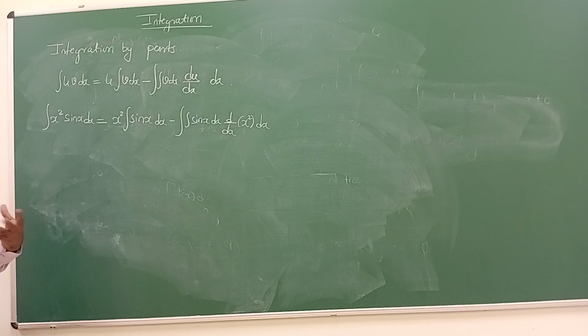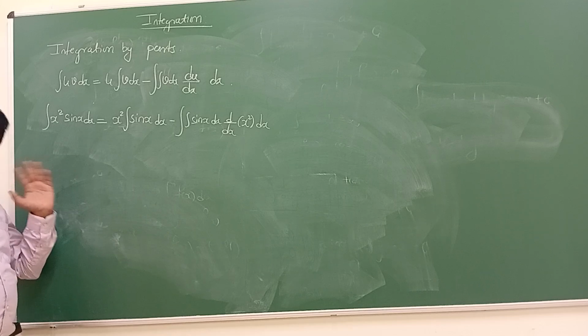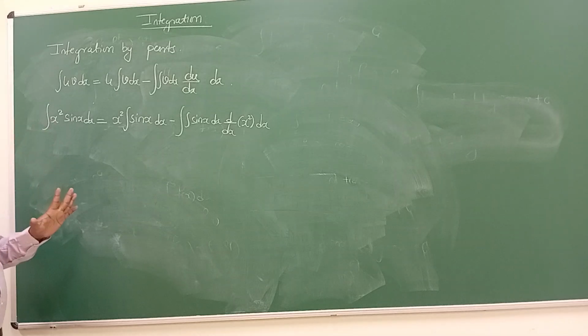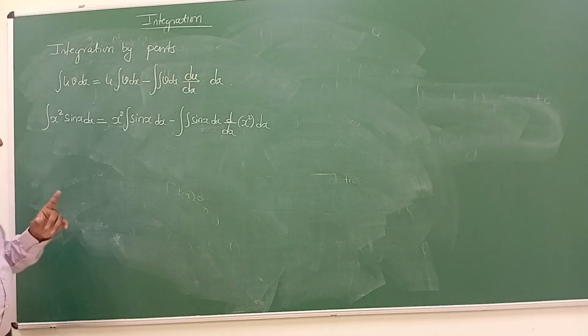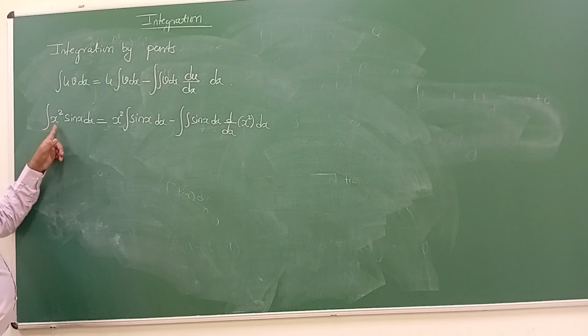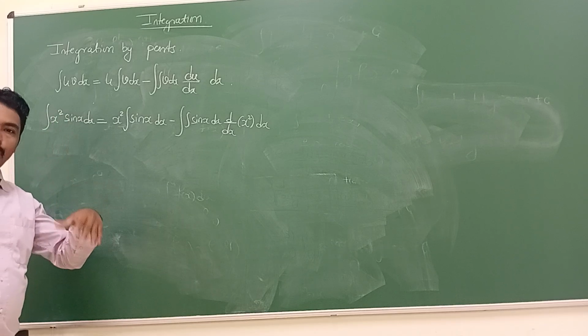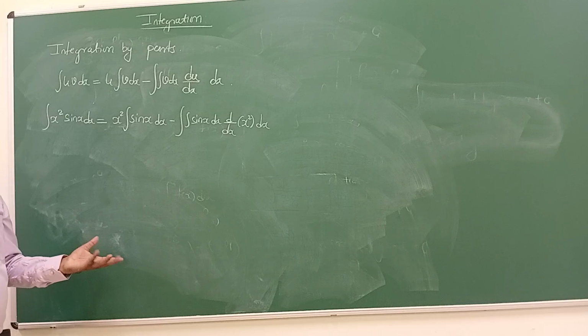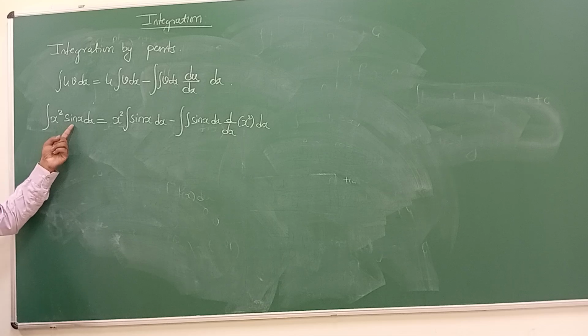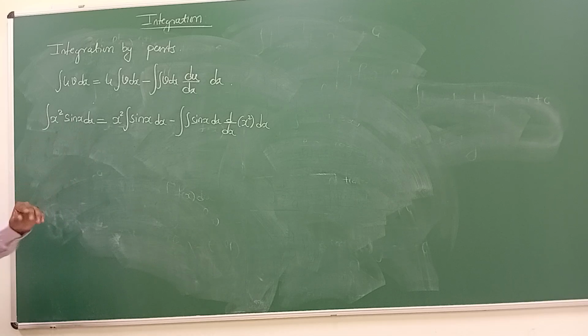If you are not able to remember that, one thing to always remember, you have to take u in such a way that after some differentiation the term should vanish. It becomes 0. You see here x square differentiation 2x, 2x differentiation 2, then 2 differentiation 0. So such terms will be taken as u and integrable terms will be v.